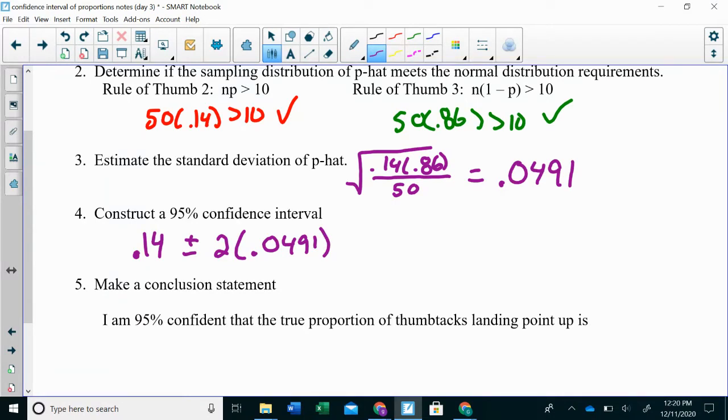If we start with 0.14 and subtract 2 standard deviations, then start with 0.14 and add 2 standard deviations, our 95% confidence interval will give us the numbers 0.0418 and then 0.2382.